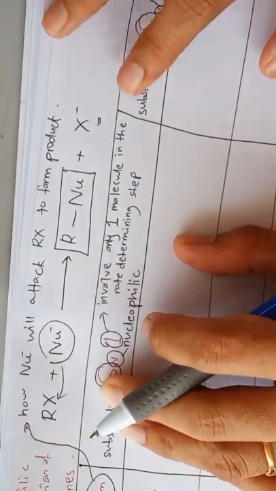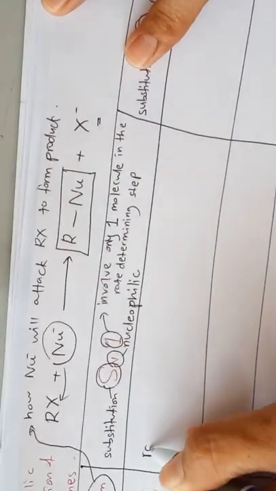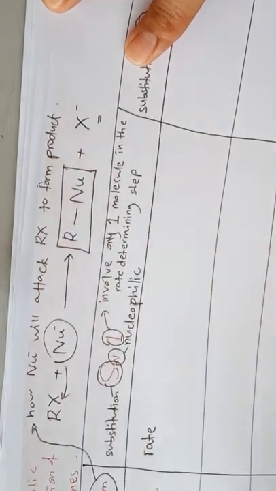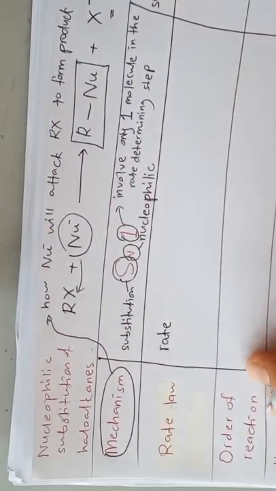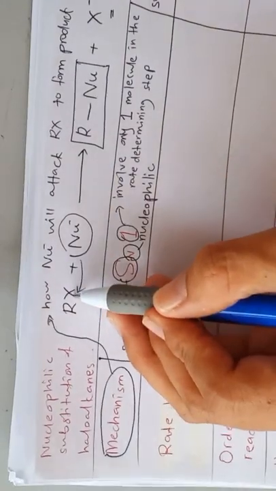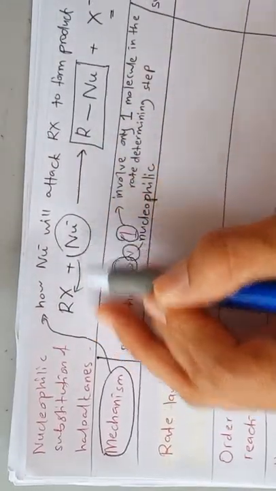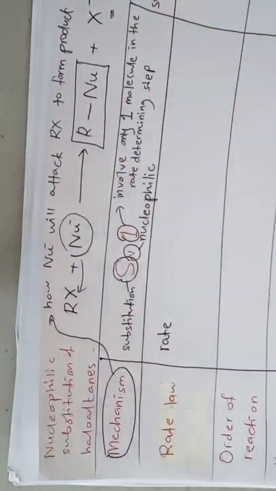Now let's try to write the rate law. If we have an SN1 reaction, we can see in our equation that we have two reactants, the haloalkane and also the nucleophile, to form the product.